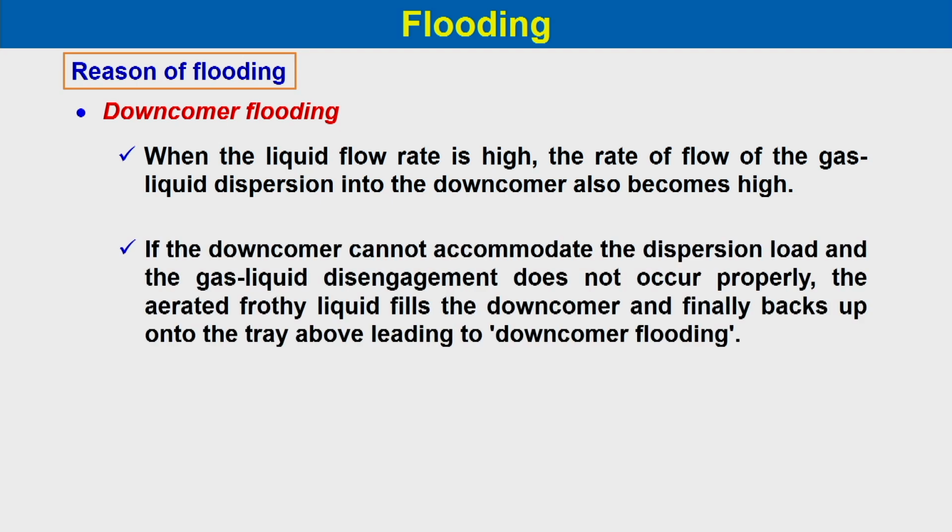If the downcomer cannot accommodate the dispersion load and gas-liquid disengagement does not occur properly, the aerated froth liquid fills the downcomer and finally backs up onto the tray above, leading to downcomer flooding.